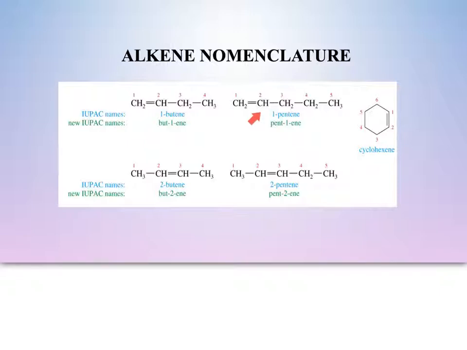Again, we could call this one right here with 5 carbons with 1 double bond coming between carbon 1 and 2, a 1-pentene, or a pent-1-ene. And either of these is correct. It really comes down to which system your professor uses in class. So pick up on which form your professor uses and tend to go with that direction.